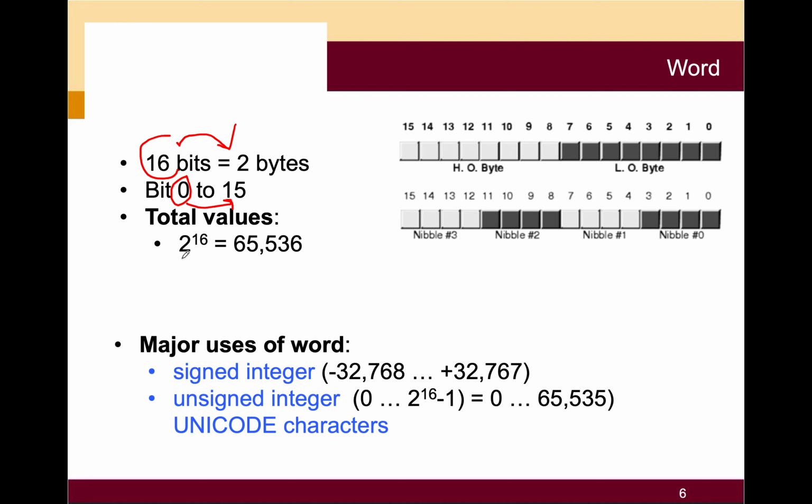The number of values is 2 to the power of 16, which is 65,536. Here is an example: 2 bytes equal 1 word, and 4 nibbles give you 1 word.